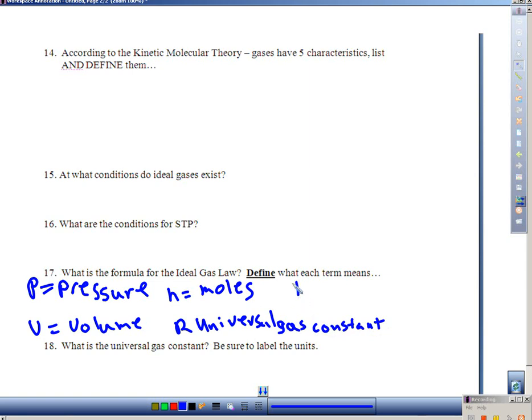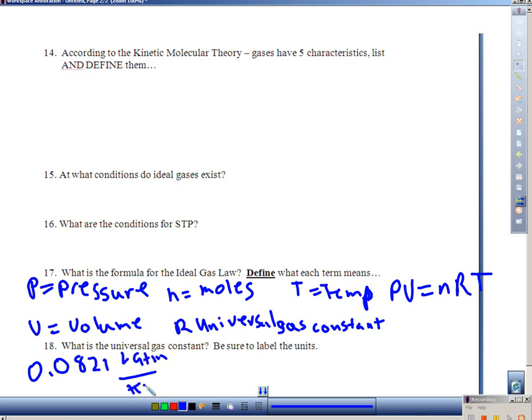And then T is going to be your temp. And your formula is going to be PV equals nRT. Alright, so the universal gas constant is 0.0821 liters atm per K mole.